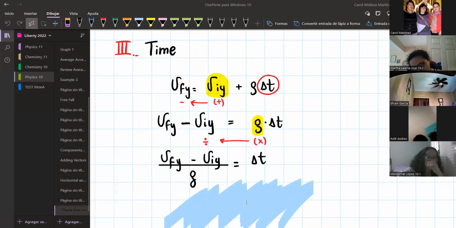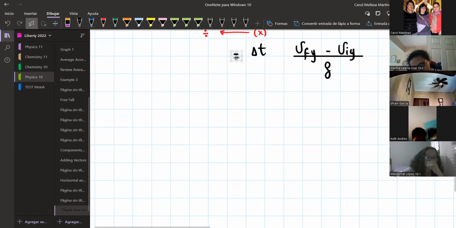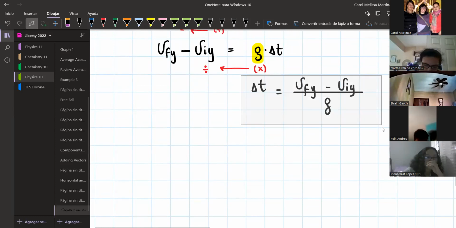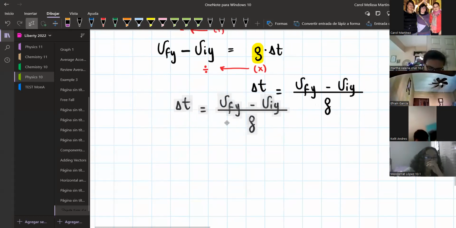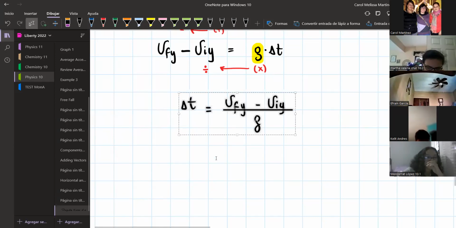Okay, finally. So this isolation that I did, you can keep it in your flashcard because this is a very useful isolation for time, okay? Anytime you have the initial and final velocities, you can find the time. So you have final velocity minus initial velocity, vertical both, divided by gravity.